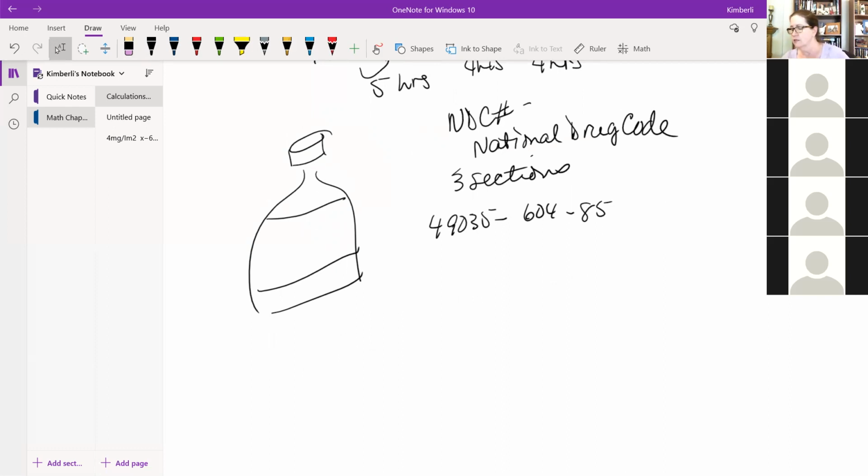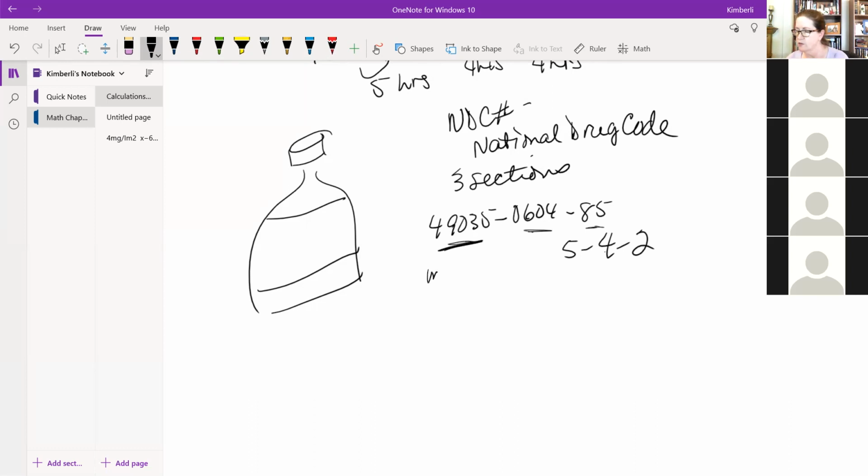Okay, so the way this is, it's 5 digits, 4 digits, and 2 digits. Now this doesn't have 4 digits here, does it? No. So we're going to use a leading 0. If we were to put it on, say, an insurance form or some official ordering system, we would put a leading 0 in any sections that don't have the correct number of digits. So for instance, Teva is 93 here.